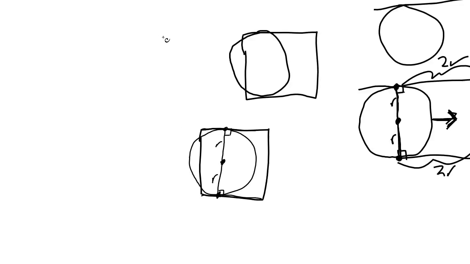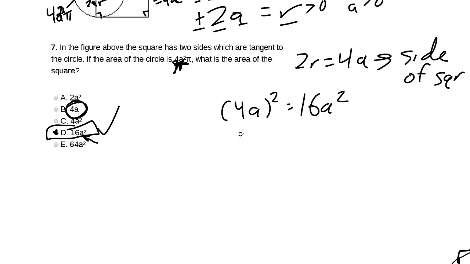I could have a configuration like this where the center of the circle is actually here, and if you were to draw this and this, it's still perpendicular. The sides of the square are still tangent to the circle, which is what was required. The figure above, the square has two sides which are tangent to the circle.